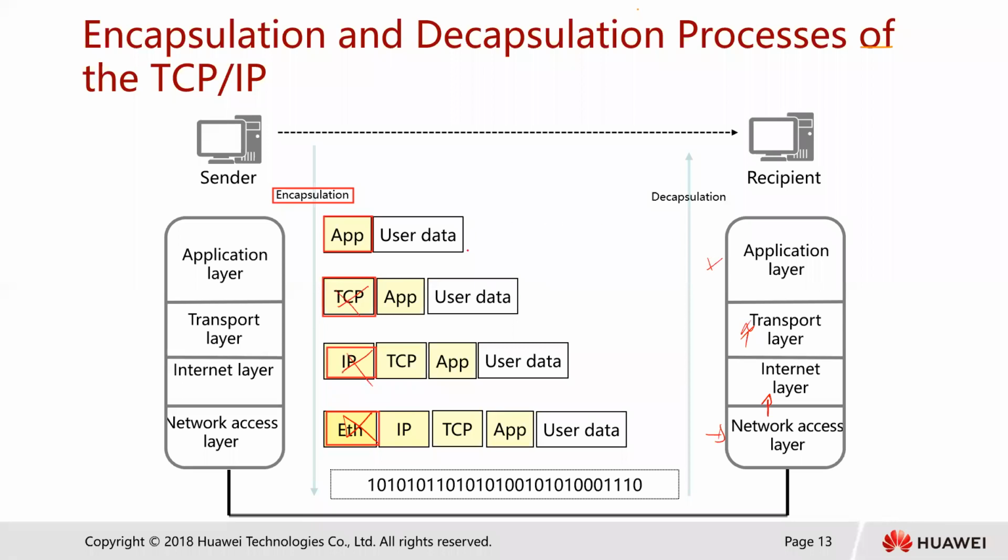The application layer, remember, has all the sessions. The presentation layer will look at the data format. It will look at the session maintenance and all that. And after it strips off, our user data will be decapsulated, and our recipient will be in a position to receive our user data.